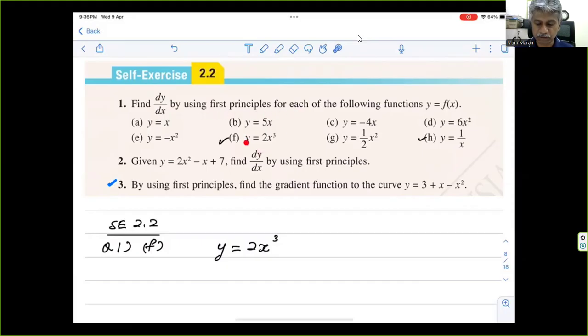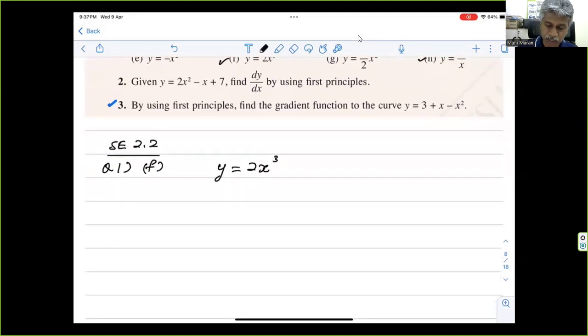You are given this function. So y is also equal to f of x. So f of x is equal to 2x cubed, and that is given to you. You write one more step, it becomes easy to understand. So f of x is equal to 2x cubed.